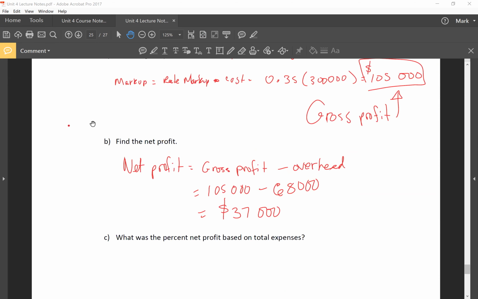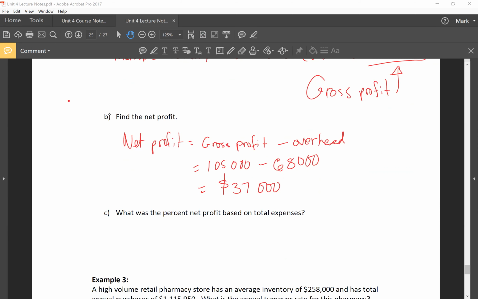What is the net profit based on total expenses? Okay, so this is the same thing. There's no formula for this, like I mentioned. But it's easy. It's asking me for the ratio of the net profit over the total expenses, which is cost plus overhead. All the money I spent on the business.